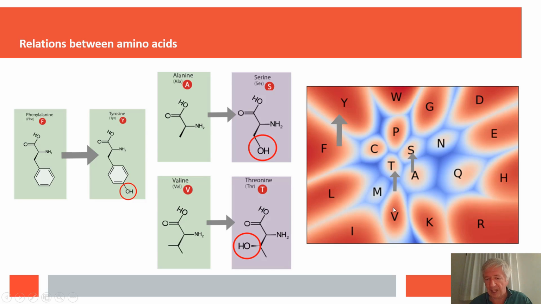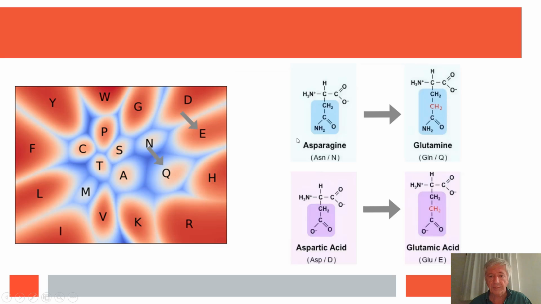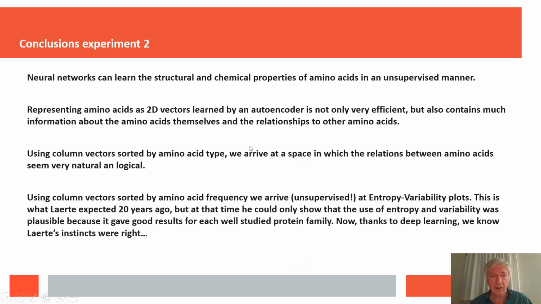Although here it doesn't add an oxygen, it replaces a carbon for an oxygen, and consequently the distance between these two is a bit bigger than the distance between these two and these two. From asparagine to glutamine and from aspartate to glutamate, in both cases you add 1 carbon and you get the same vector in the plot.